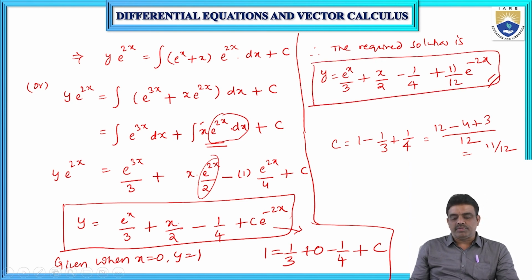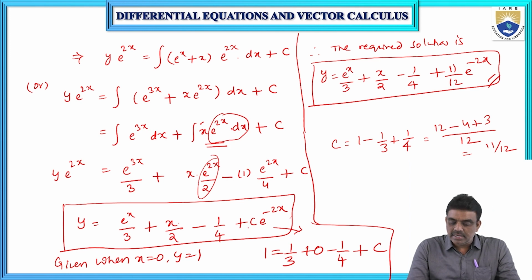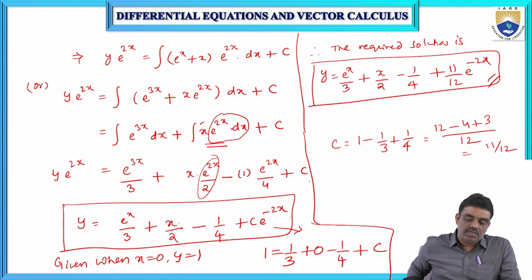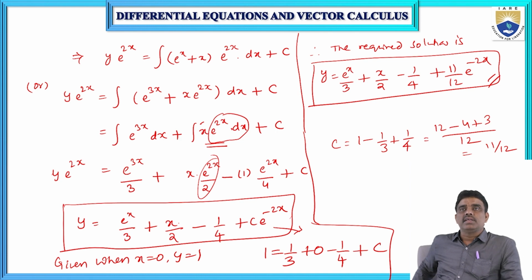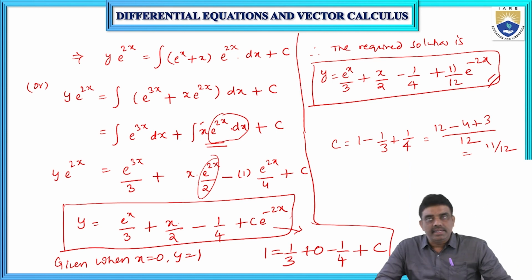Because c is 11 by 12, 12 minus 4 plus 3, that is 11 by 12. So replacing c by 11 by 12, you will get the required solution of the given problem. So in this differential equation, we have to observe which model to be applied to the given problem. Based on the standard form, you can apply any model.